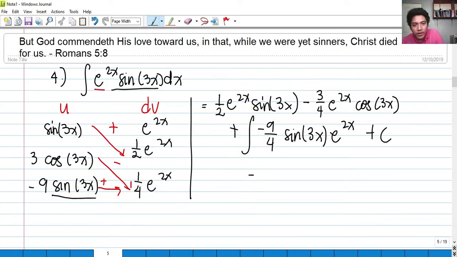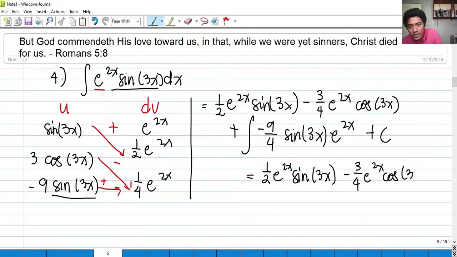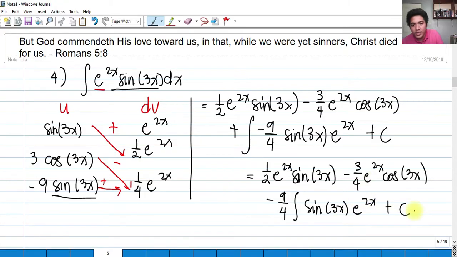So, if we are going to rewrite this, it should be 1/2 e raised to 2x sine of 3x minus 3/4 e raised to 2x cosine of 3x, minus, I'm going to let this outside of the integral because that's a constant, the integral of sine 3x e raised to 2x plus c. And we, again, arrive at this.